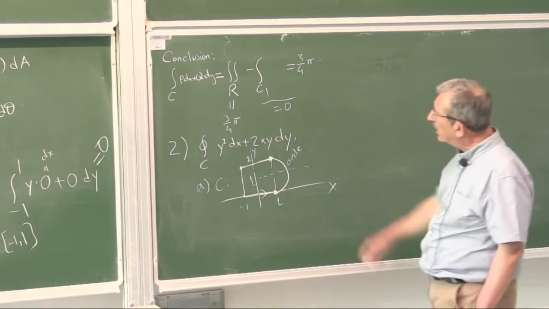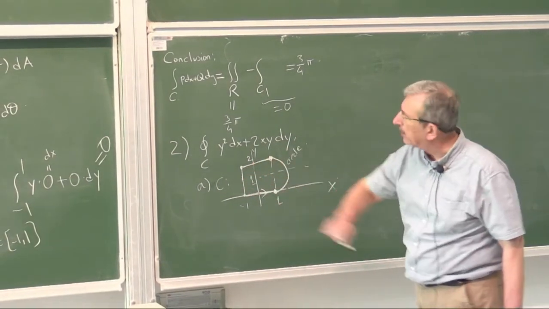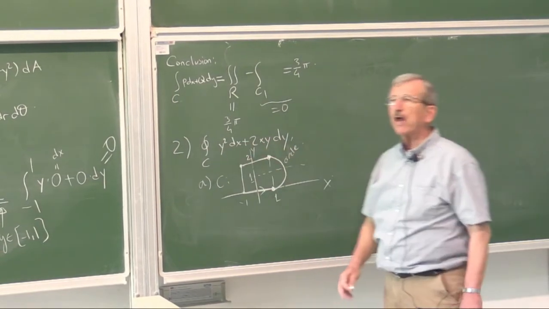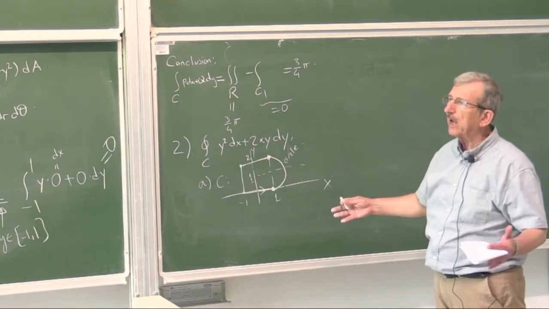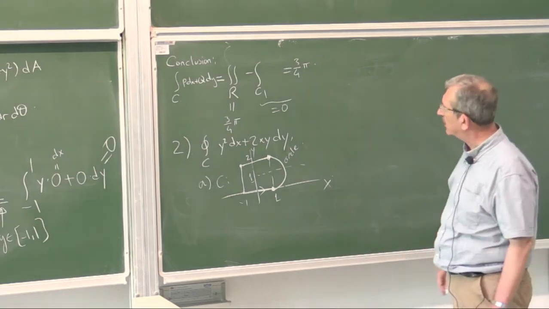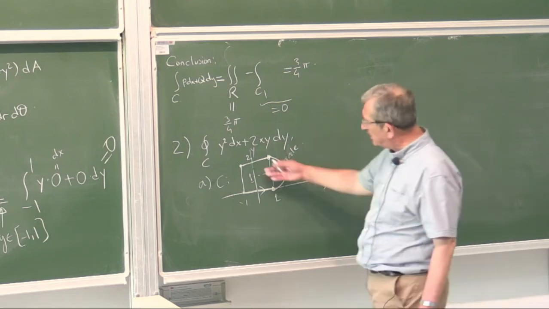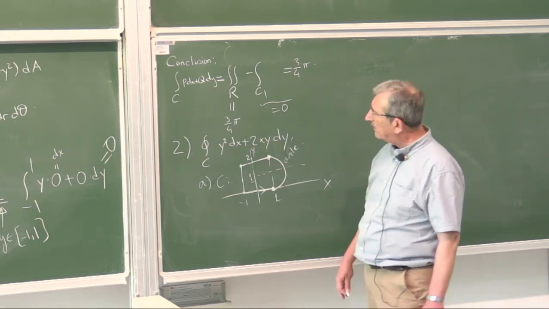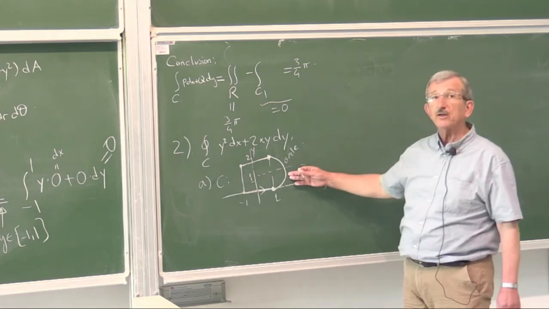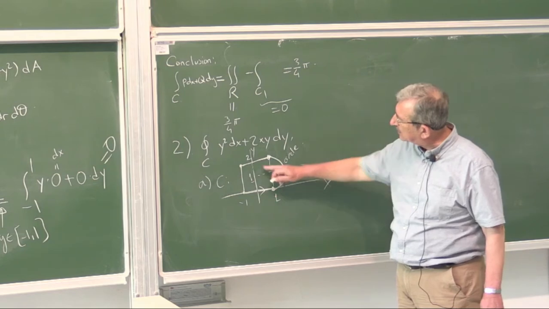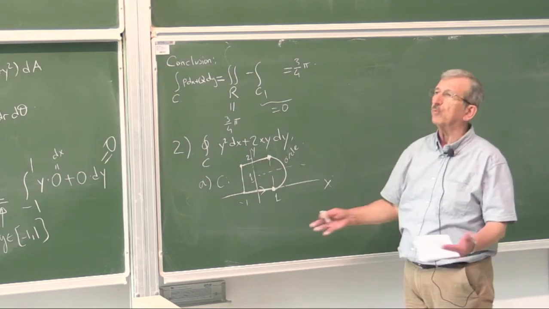Before we compute anything, we see that we have polynomials, so they have continuous partials everywhere, hence in R2, which is a simply connected domain, nice enough. And inside C, they also have continuous partials. On the other hand, C satisfies the conditions of Green's theorem. That is, it consists of 4 pieces, each of which is smooth.